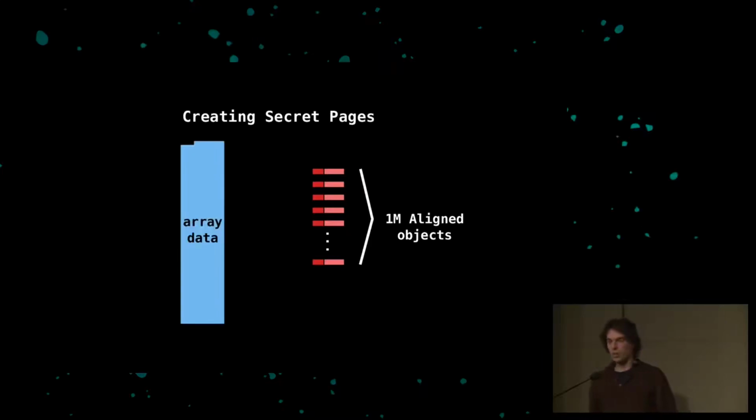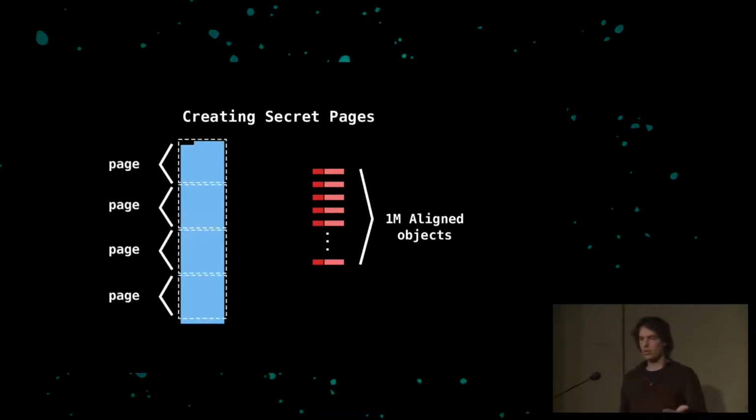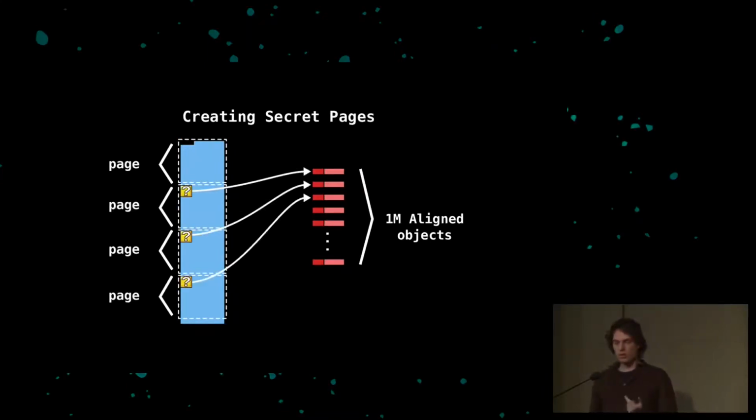Then we allocate a large array, which in practice is just memory pages, and we put a pointer to each object in this array. So there's one pointer per memory page. These memory pages kind of encode the addresses of the objects, and those pages we're going to probe for.